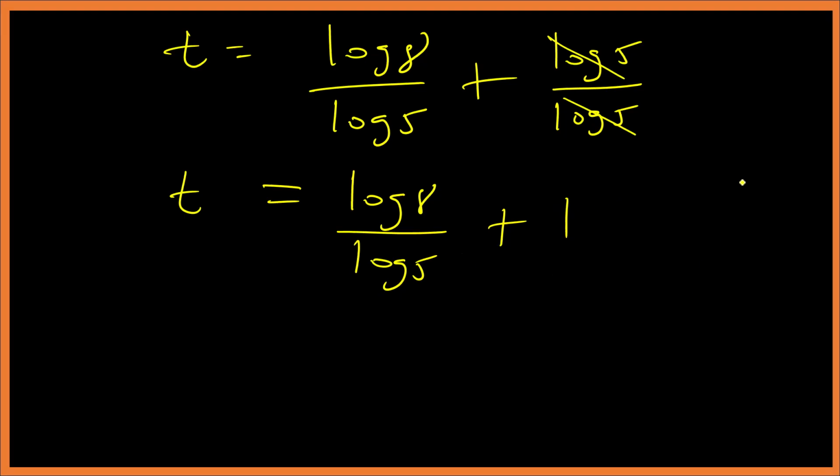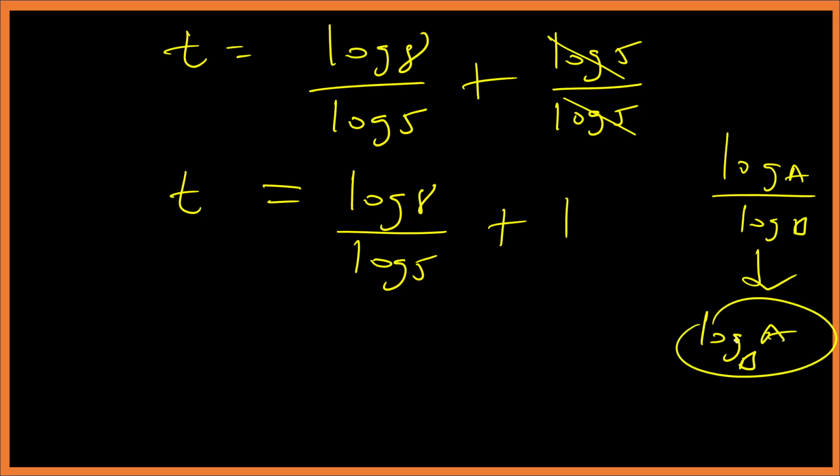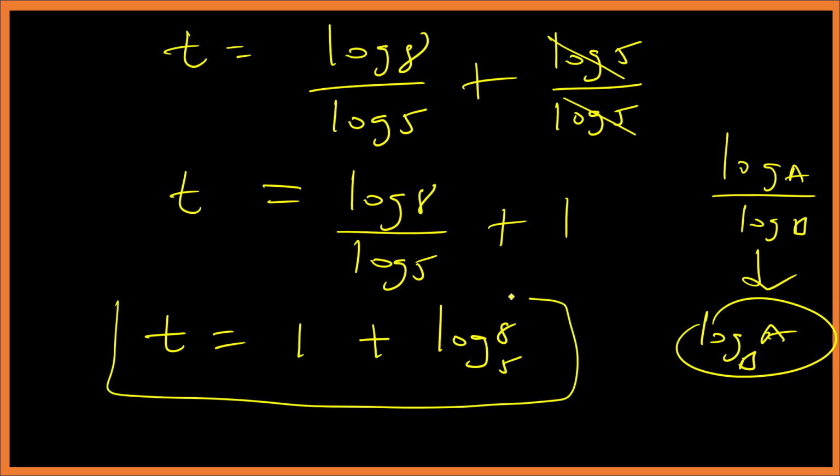Now, when you're given log A over log B, it's the same as log A base B. So my t will be 1 plus log 8 base 5 as the answer. Okay, so we have t now.